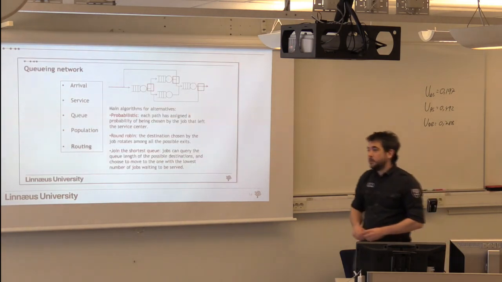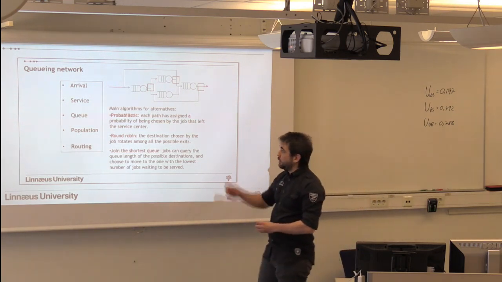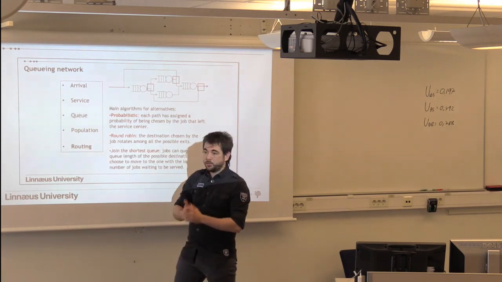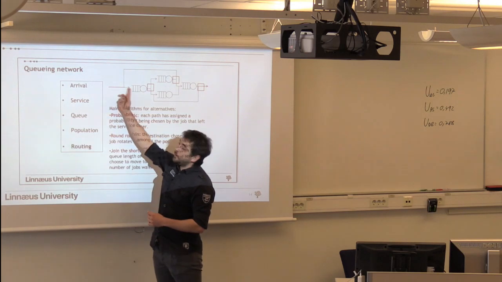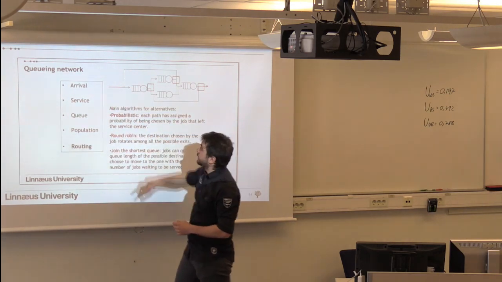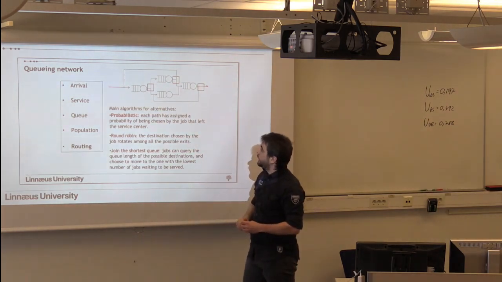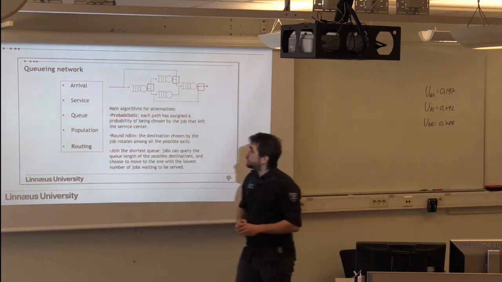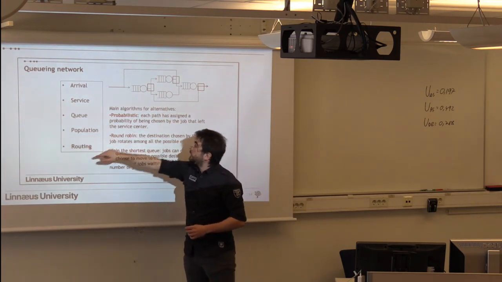So which parts do we need to add to our UML model? When we saw the queuing networks, we saw that it was important for us, for the performance analysis: the arrival of elements, the service time of each service center, the population that will execute, the characteristics of the queues, and the routing.